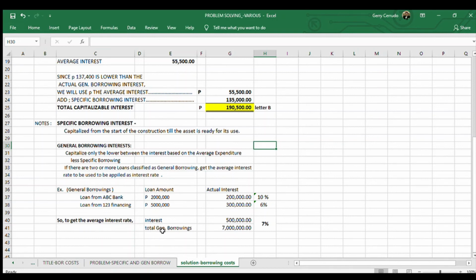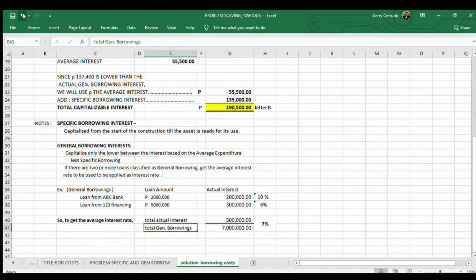You will now get the average interest. By how? So, all you have to do is get the total interest. No? This is total actual interest. Okay?